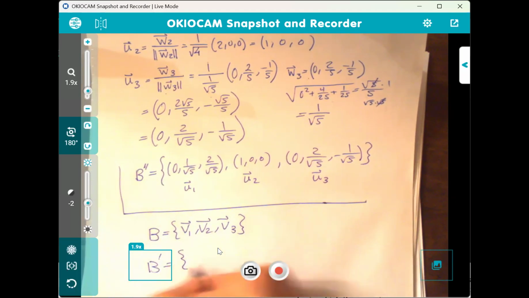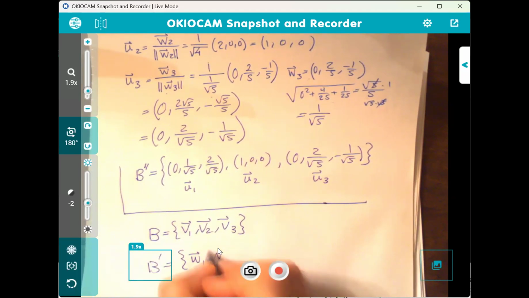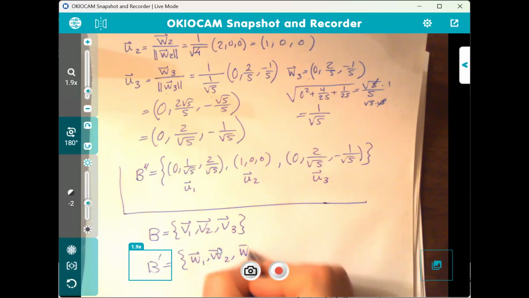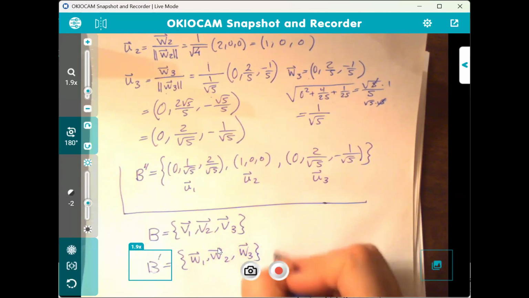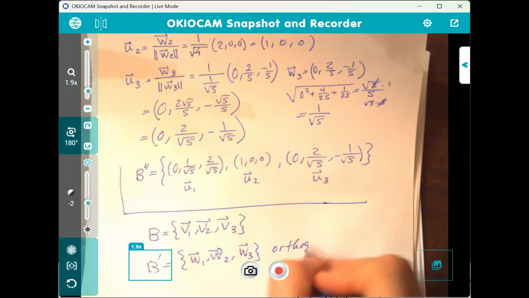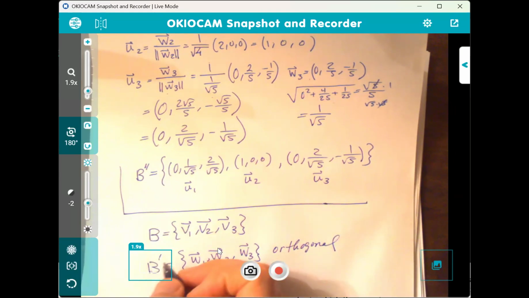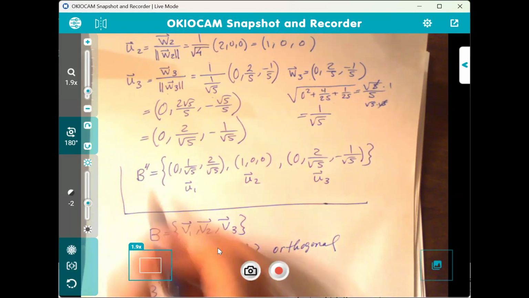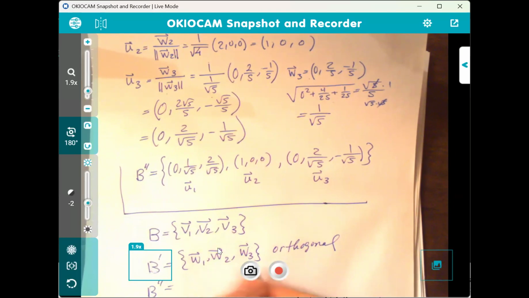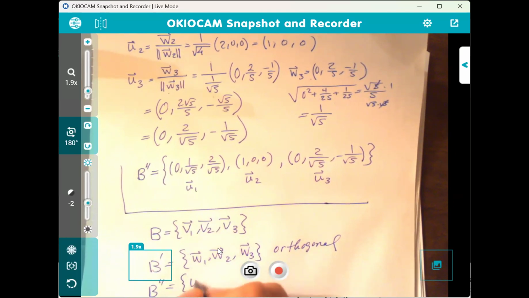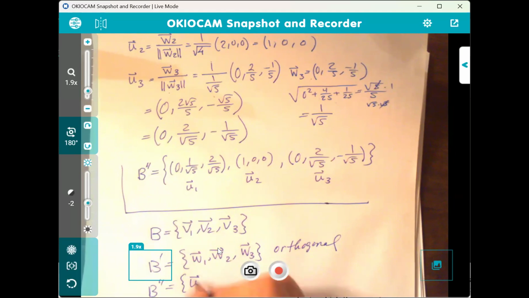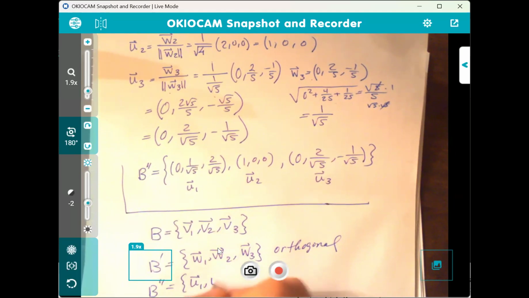In B prime, we created W1, W2, W3. These were orthogonal. And finally, the one we just wrapped up, these are the orthonormal sets, which, because they're unit vectors, each has a length 1. We use U for those.